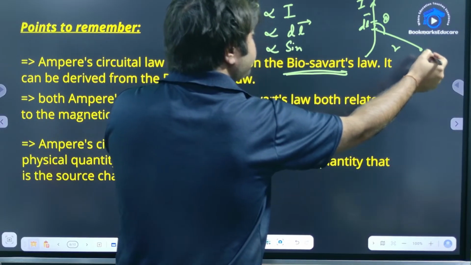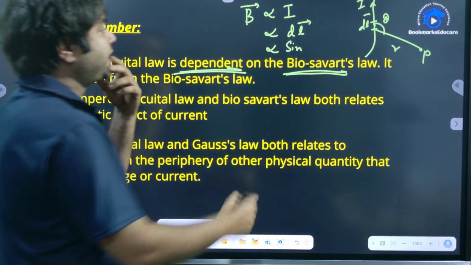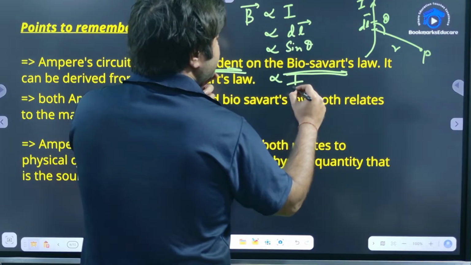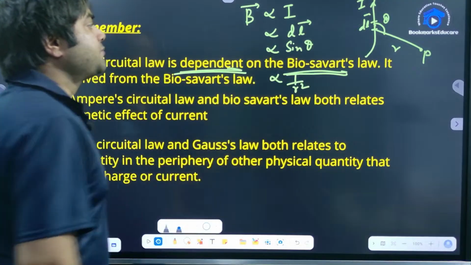Suppose at this point P you are trying to find the magnetic field. That will be proportional to sin theta and inversely proportional to the square of the distance from this point.